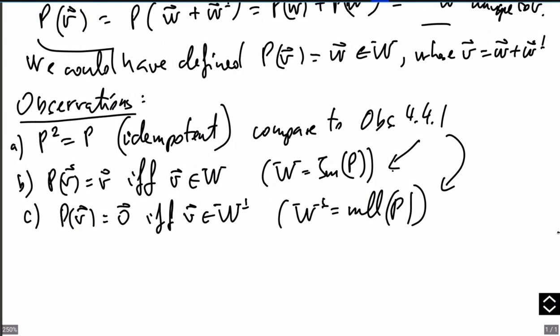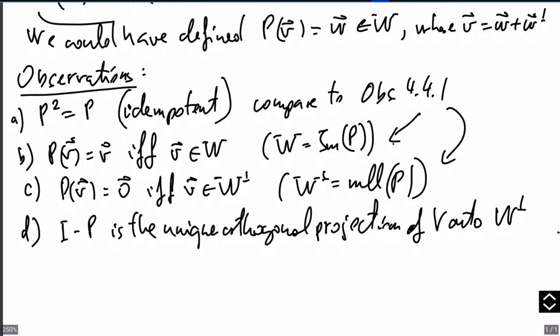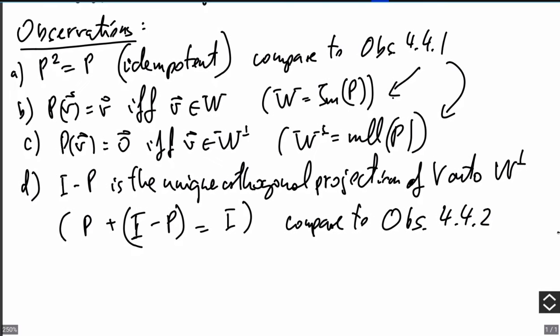Another observation is that I minus P is the unique orthogonal projection of v onto W perp, which just means that P plus I minus P equals the identity operator, and compare this to observation 4.4.2.